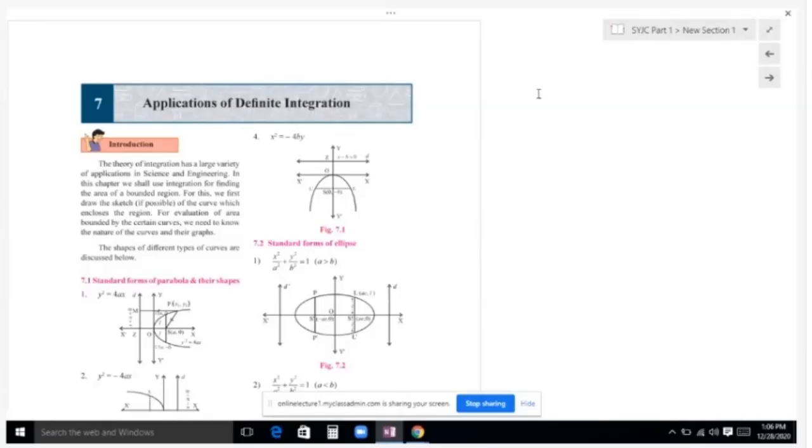Out of the 2 applications, we are going to study only one, and that is called area under the curve.